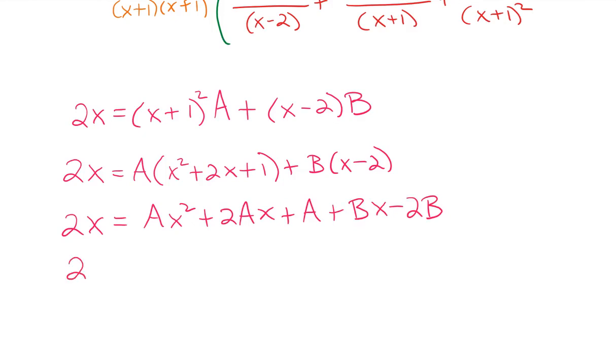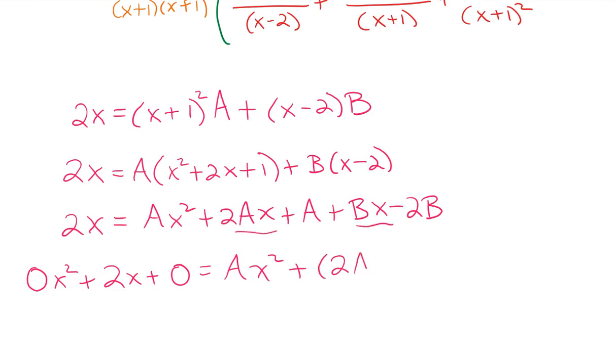Now, following the convention here, we can rewrite the left-hand side as 0 times x squared plus 2x plus 0, and this is equal to A times x squared plus, well, we can combine the x terms here, and we get (2A plus B) times x, and then plus A minus 2B.